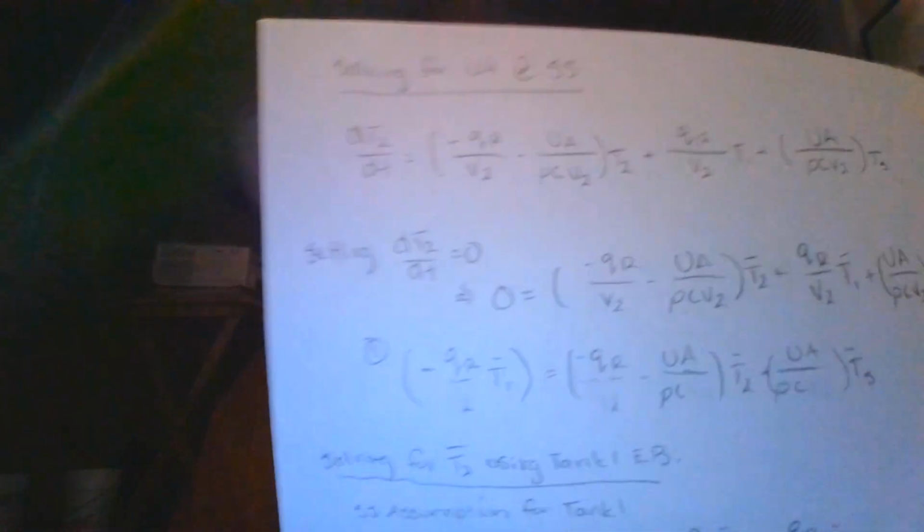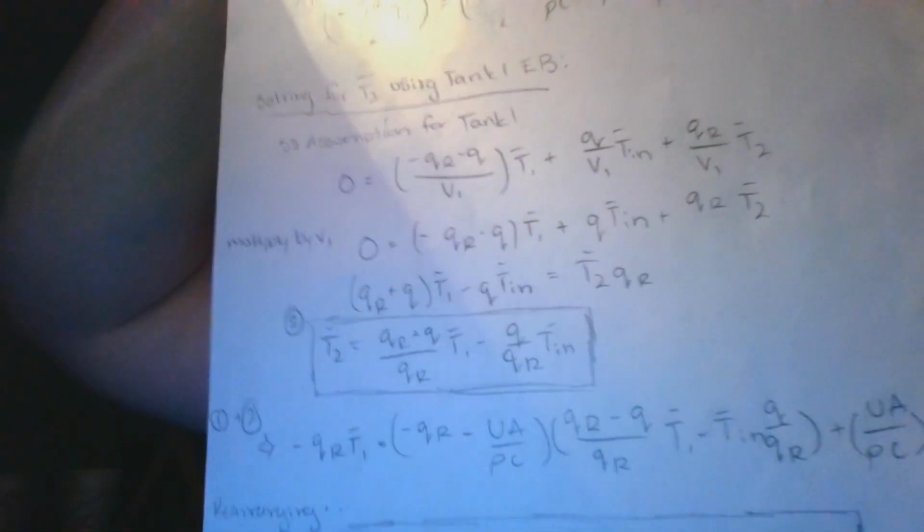Along with this, we then solved the energy balance using a steady state equation, the steady state equation for the temperature on the second reactor. This was done by setting the energy balance on the second vessel equal to 0.